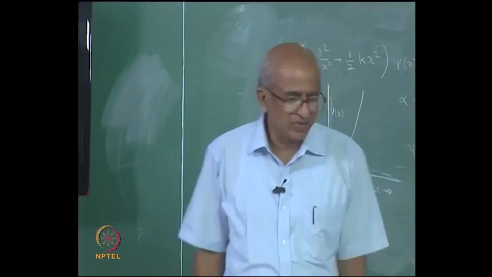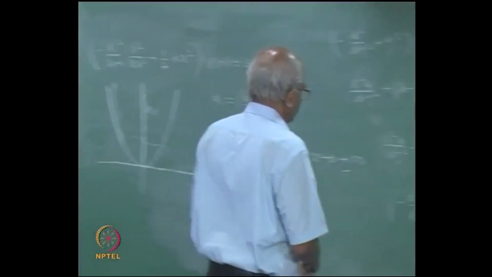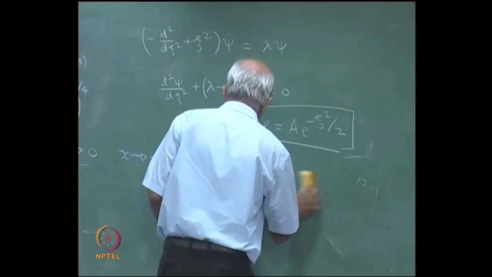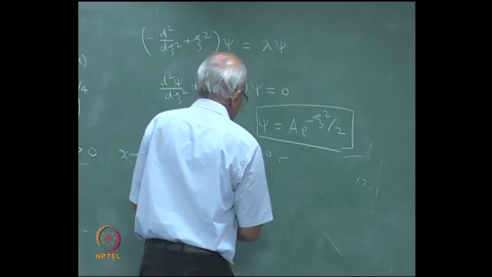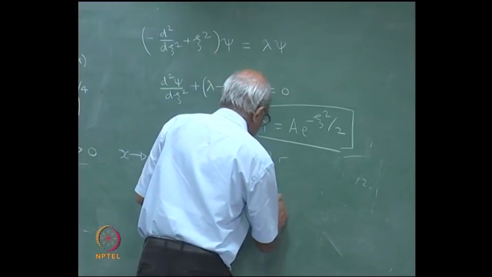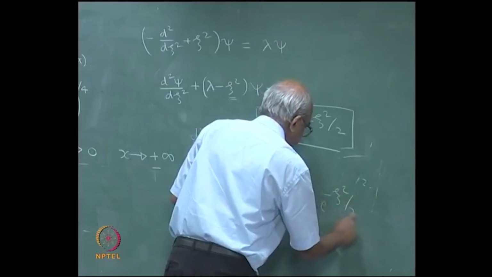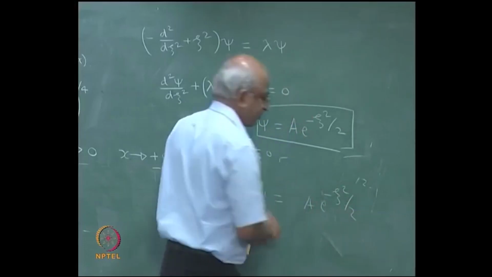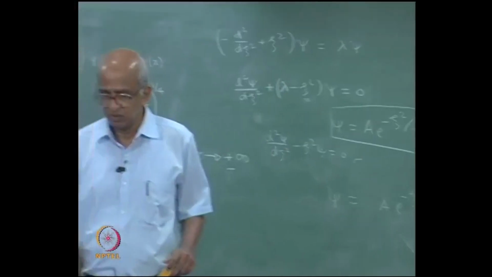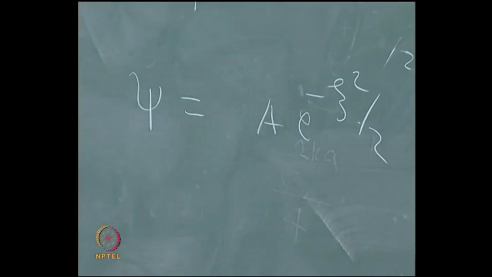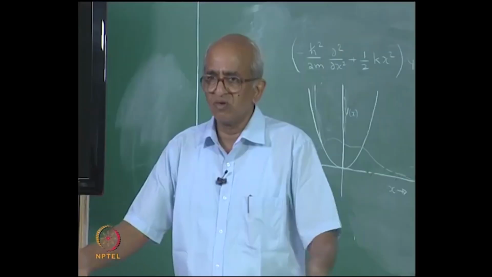So, what I am going to do is, I am going to take this solution. What is the solution? The solution is actually psi equal to some constant into e to the power of minus c square by 2, that is what it is, right, there is a constant there. But I want to make this function a solution even for small values of c.